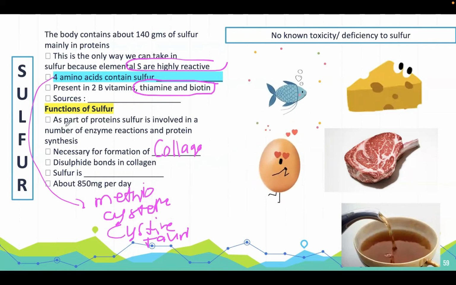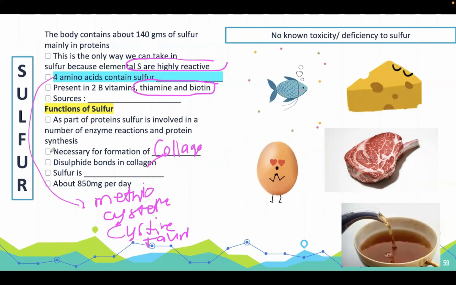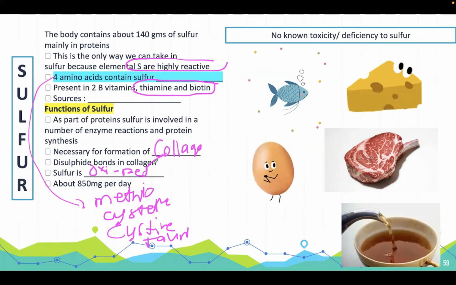Next, function din po ni sulfur yung mga disulfide bonds in the collagen. And your sulfur is important in the cellular respiration as it is needed for the oxidation reduction. Oxidation reduction. So kung marirecall nyo kung ano po yung vitamins na involved in the oxidation reduction, very good. Sa minerals, ito naman po siya.